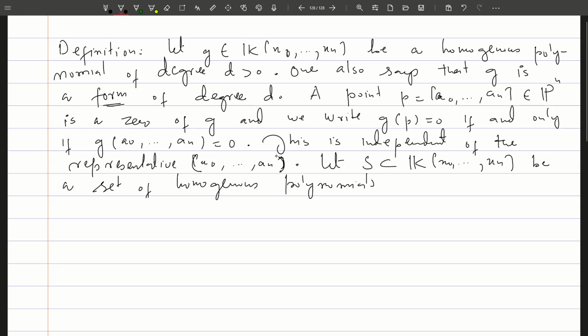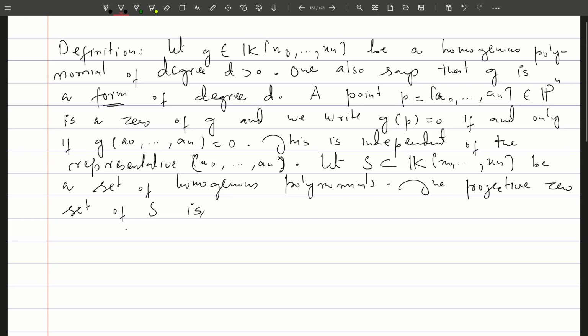So the projective zero set of S is defined as follows.